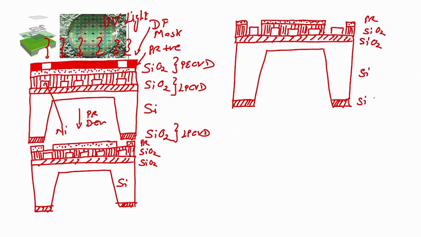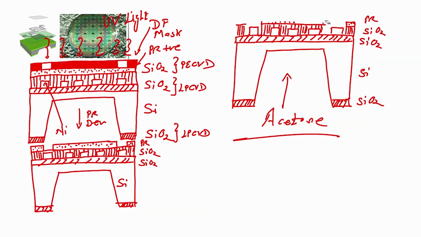So, next step would be to dip this wafer in acetone, right. When you dip the wafer in acetone, what will happen? The photoresist will be stripped off. So, let us remove the photoresist.